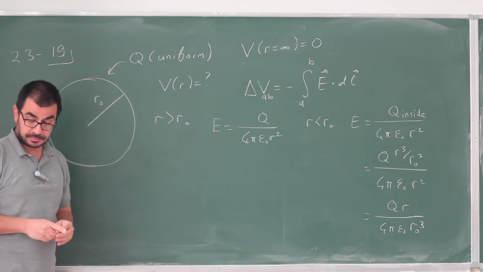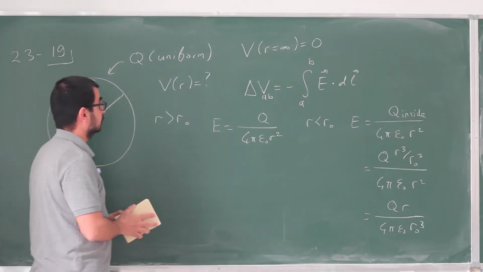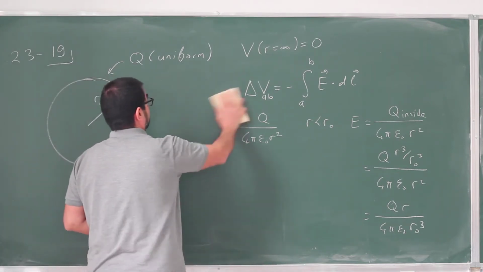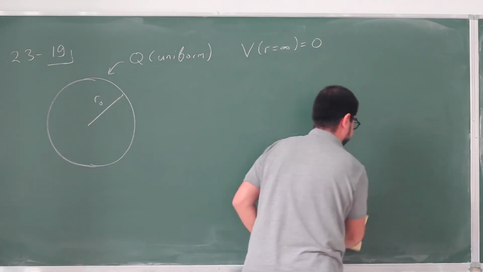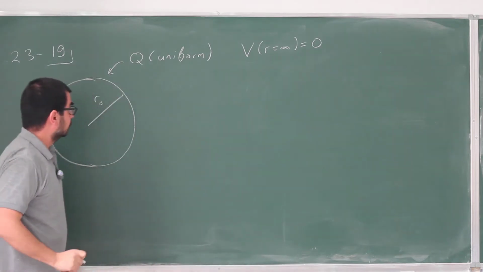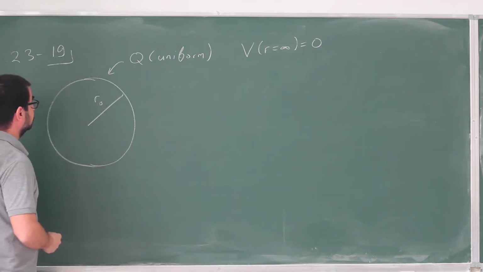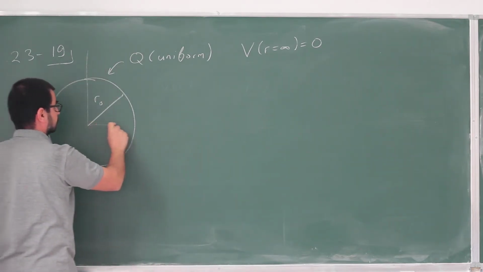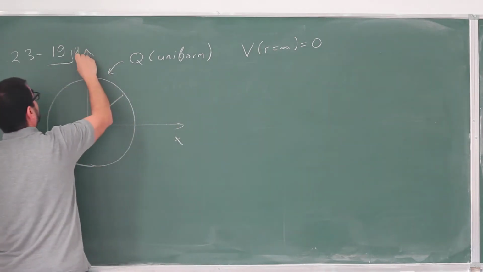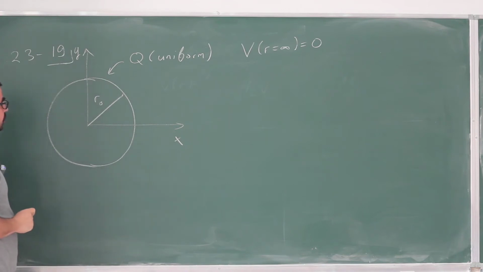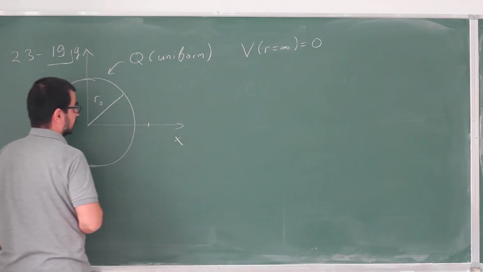Right? So with these in mind, let us look at part A. We are to find the potential at some point outside the sphere. Now, to do this, I'm going to draw some coordinate system. This is not strictly necessary, but I think it helps in conceptualizing and understanding what's going on in this problem. So I'm going to look at some point on x.